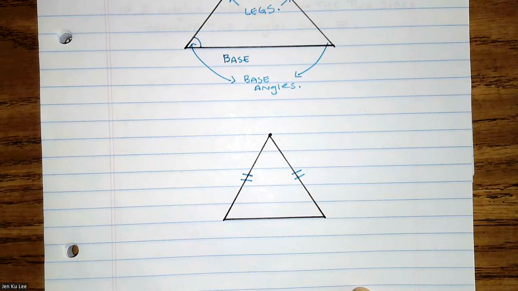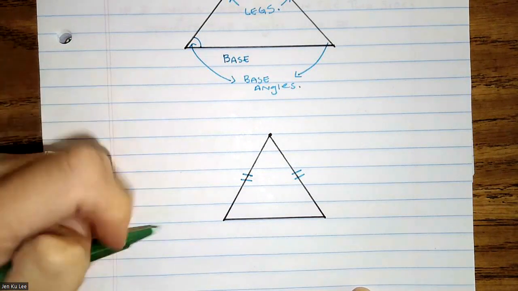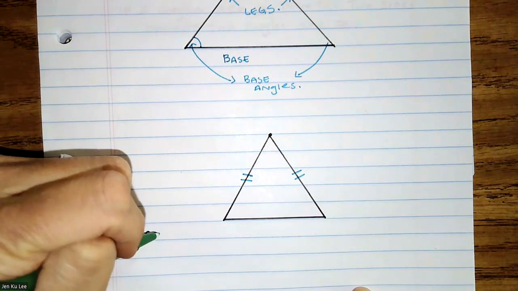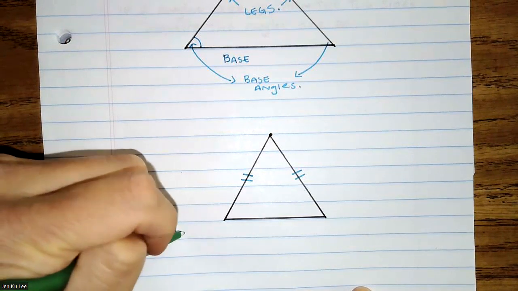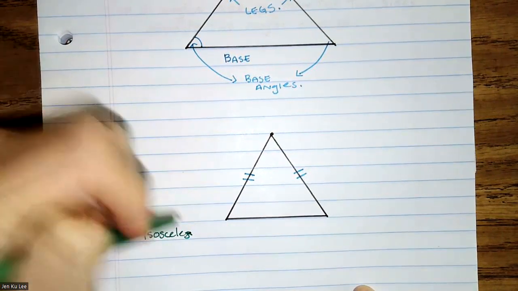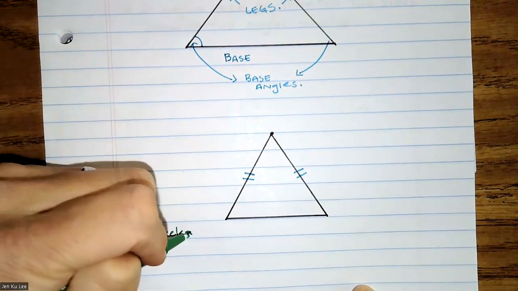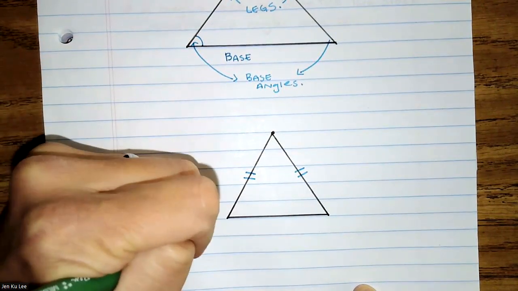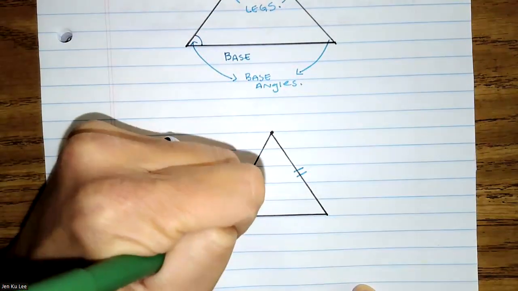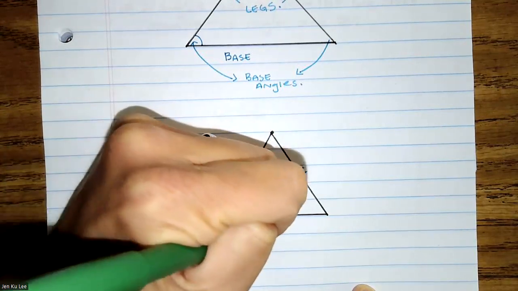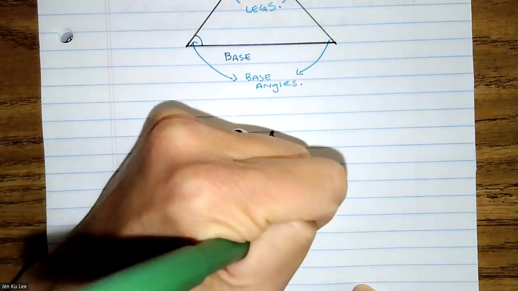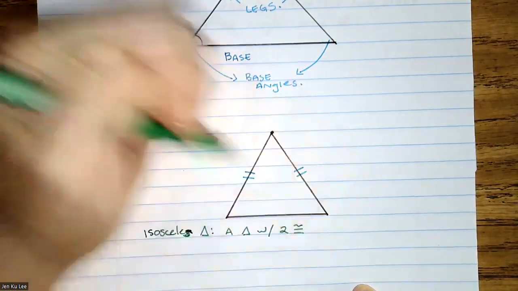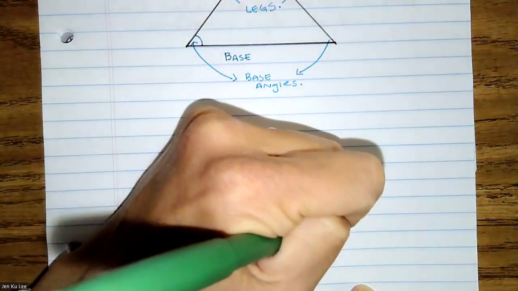An isosceles triangle, it's with an S, not an X, is a triangle with two congruent sides.